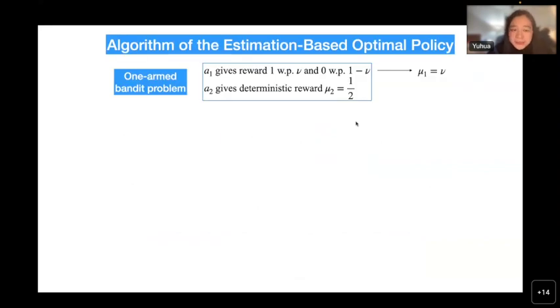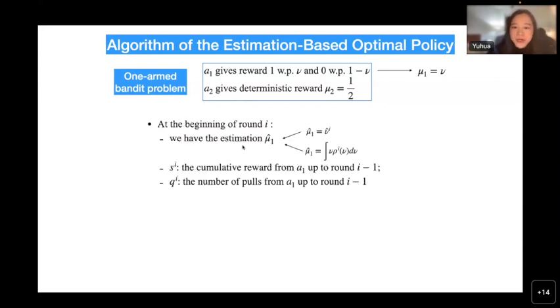Let me explain this with an illustrative example, which is a one-armed bandit problem, where the unknown arm follows the Bernoulli distribution with an unknown probability nu. Therefore, the expectation of this unknown arm depends on nu, and is exactly equal to this probability nu. And the second arm is a deterministic arm, which gives reward 1/2.